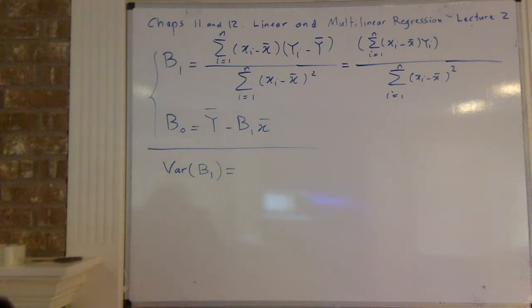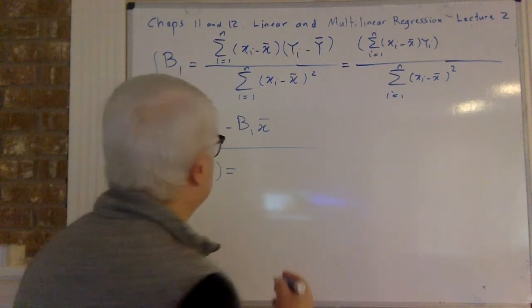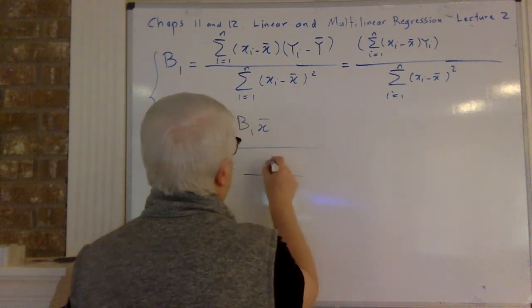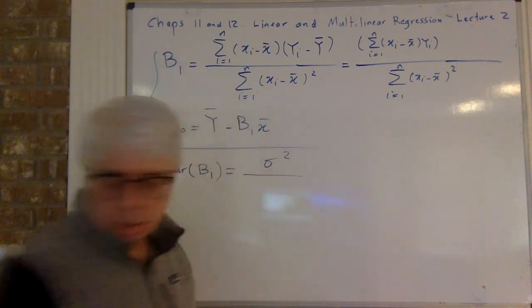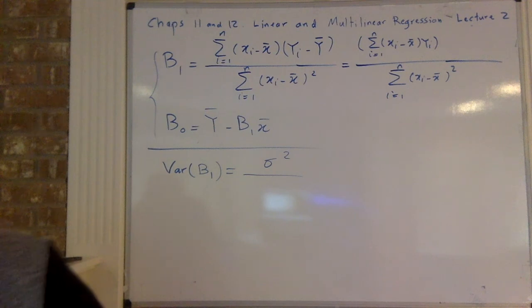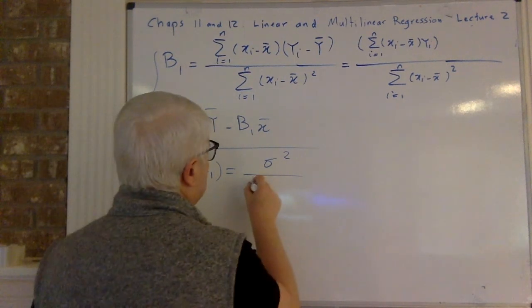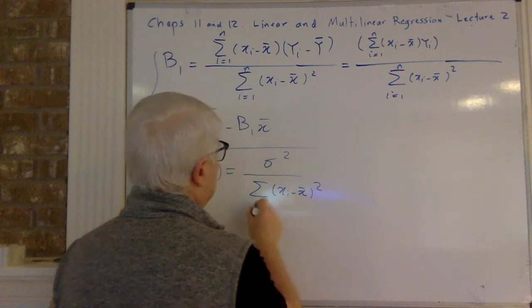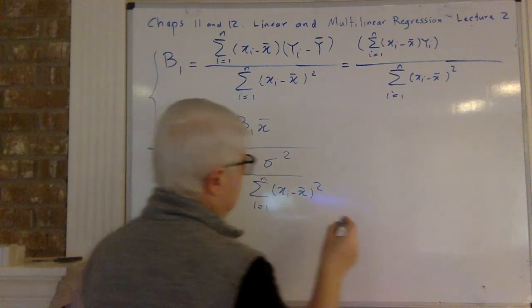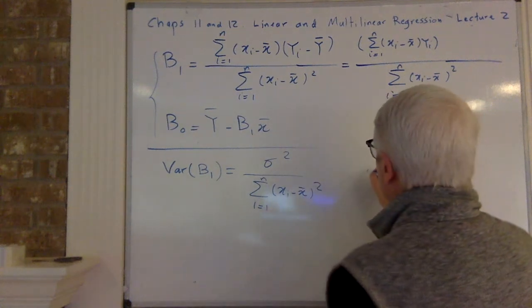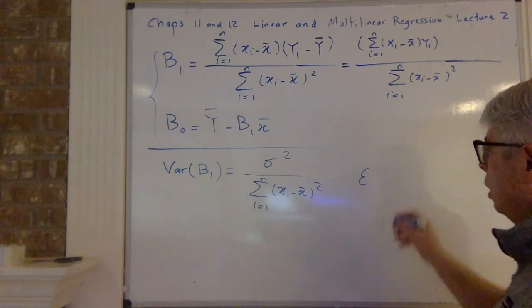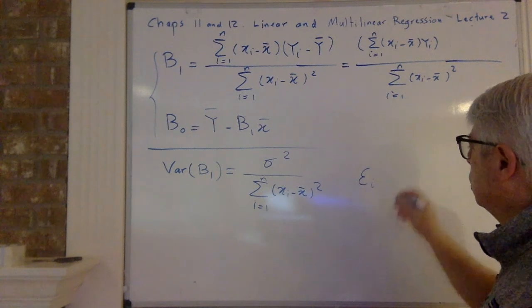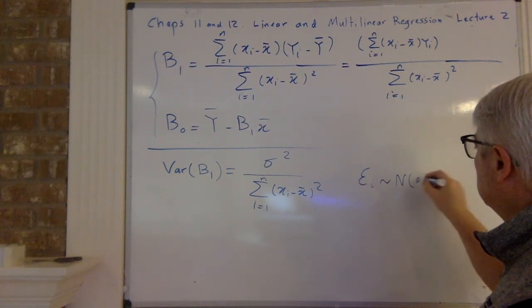So let me write sigma squared. Remember the epsilon i's were N(0, sigma squared).